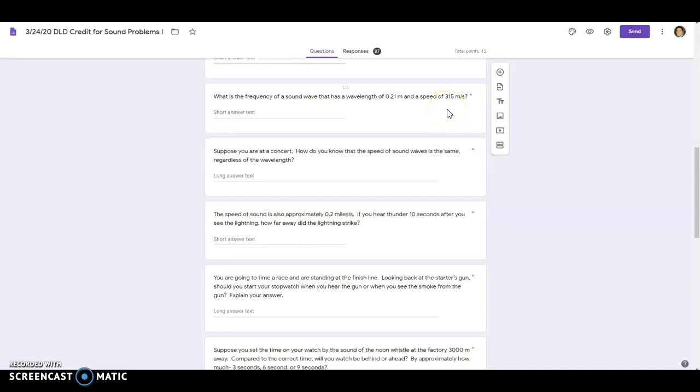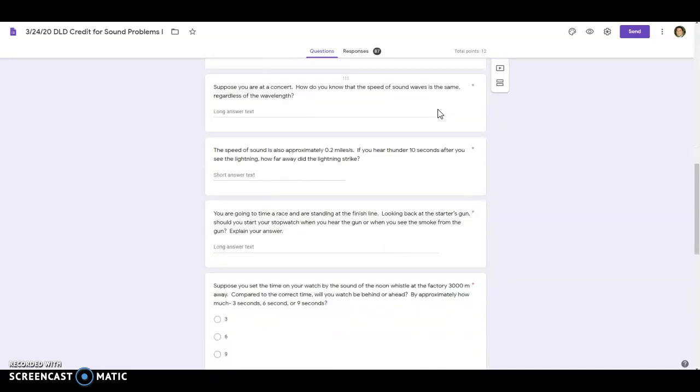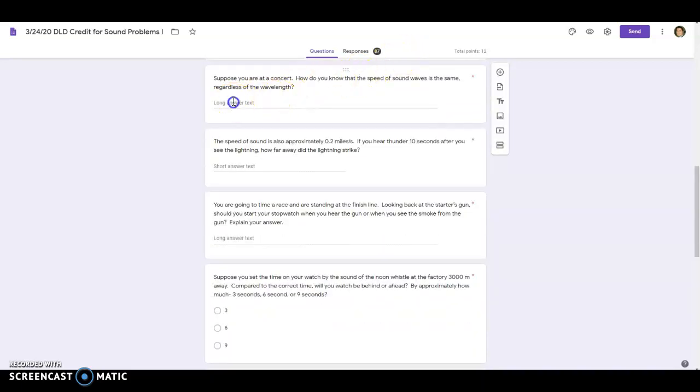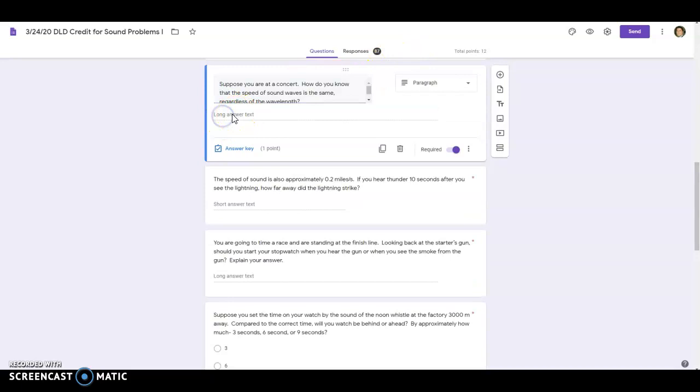That's 1500 hertz. This is going to be a long answer text, so I didn't include an answer key to grade this, but I'm looking at your answers instead. So if you're at a concert, the speed of sound wave is the same regardless of the wavelength, because the speed of sound has to do with the medium.